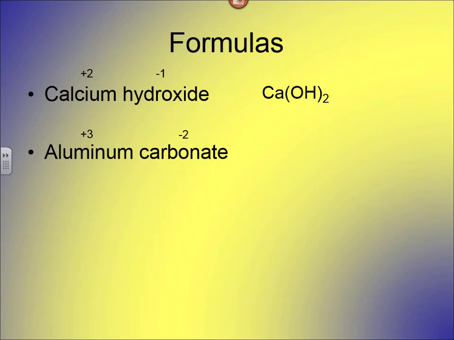You should have found its formula on the back, which was CO3. Crisscross the charges. Do they reduce? No. Al2, CO3, and parentheses 3. We need the parentheses because we don't want this to say CO33. You have to have the parentheses to separate those.